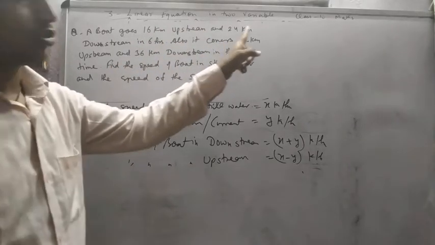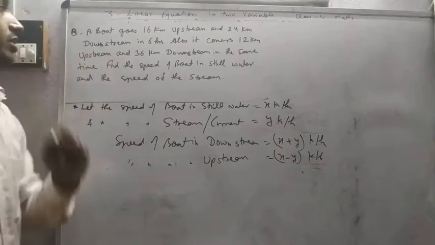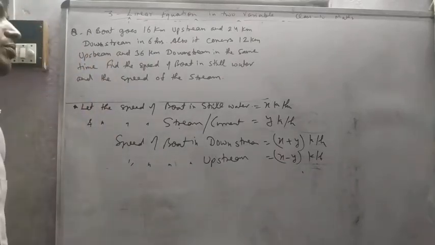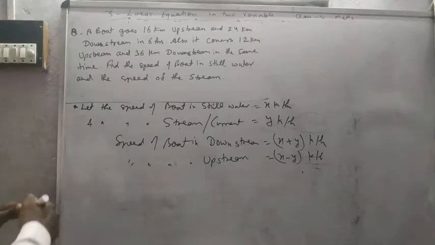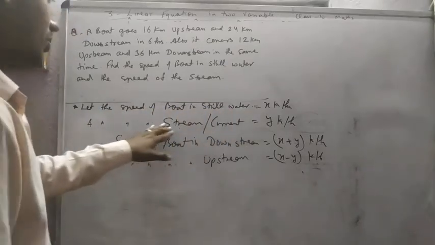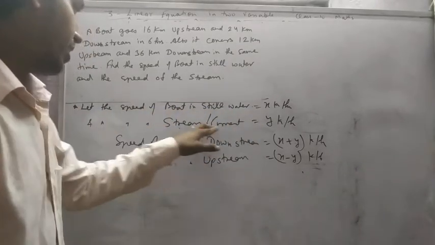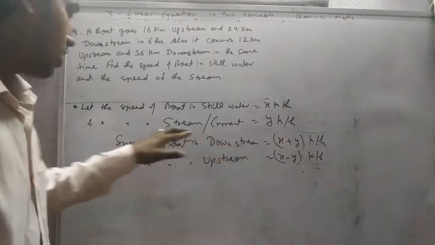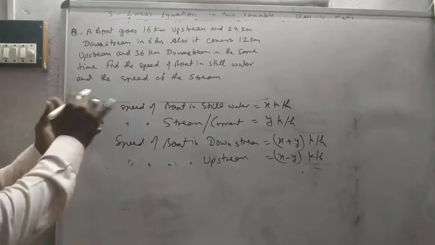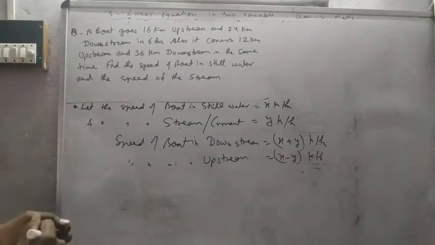Also, it covered 12 km upstream and 36 km downstream in the same time. Find the speed of the boat in still water and the speed of the stream. My first 4 lines are the same: speed of boat in still water, speed of current, speed of boat in downstream, speed of boat in upstream. But in this question, I have two conditions given for the time.